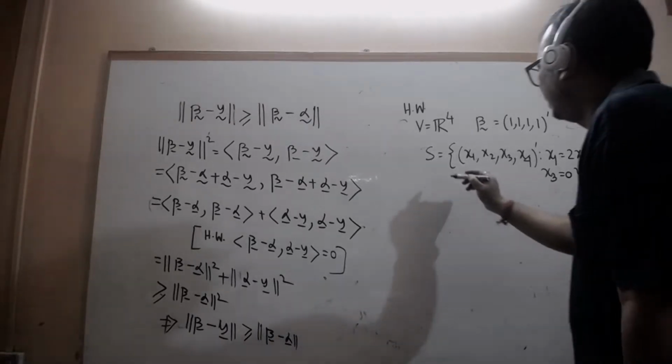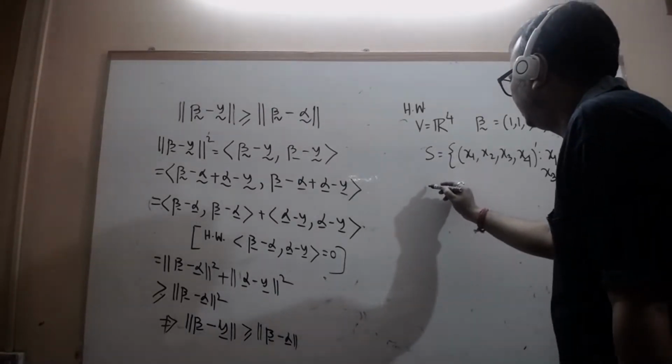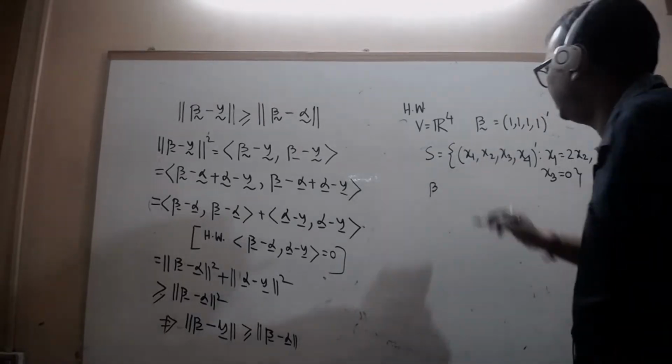So this is your R3. Take beta curl equal to this.